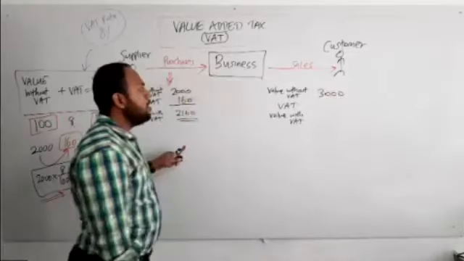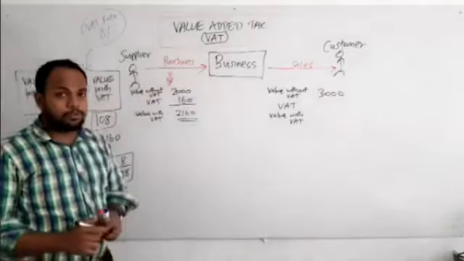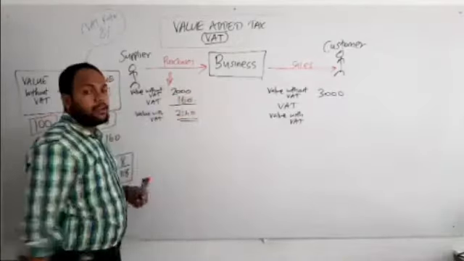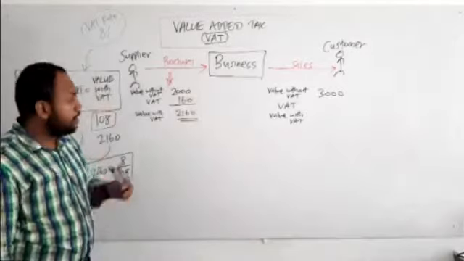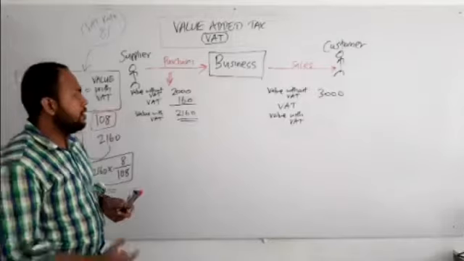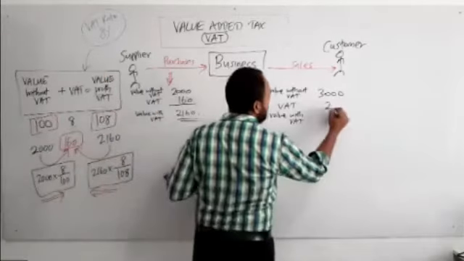Let's say the value without VAT is 3000. We buy at 2000 and we are selling at 3000. Then 8% VAT is 240.